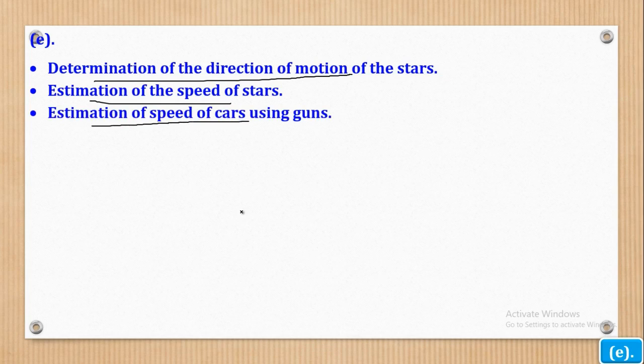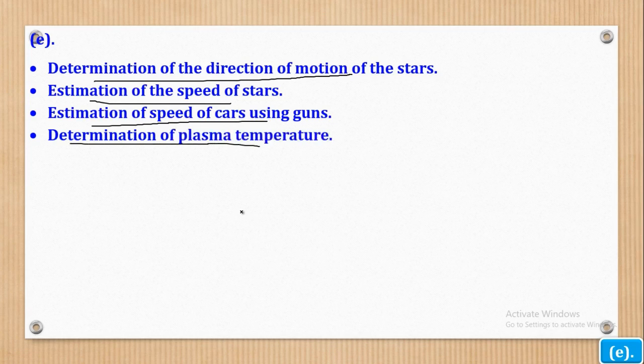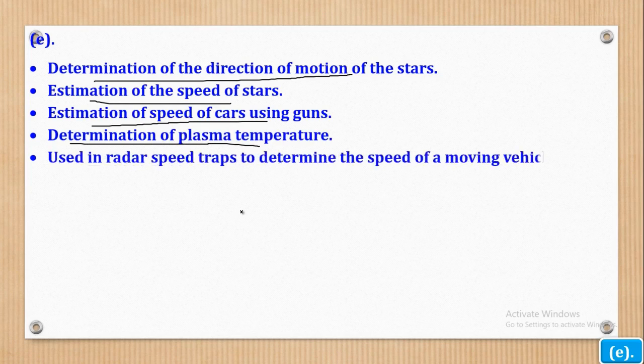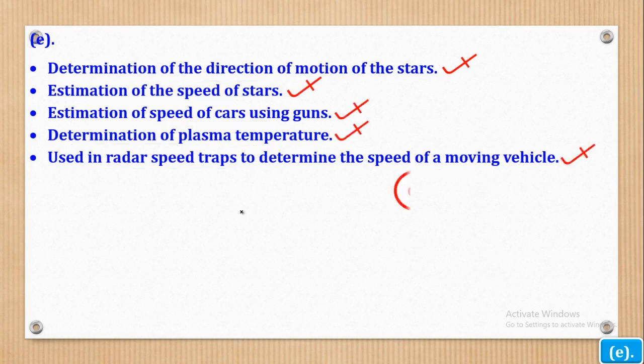Three is estimation of speed of cars using guns. And next is determination of plasma temperature. Then here we shall see that they are used in radar speed traps to determine the speed of a moving vehicle. So any two, that's how you could get the 1 mark.